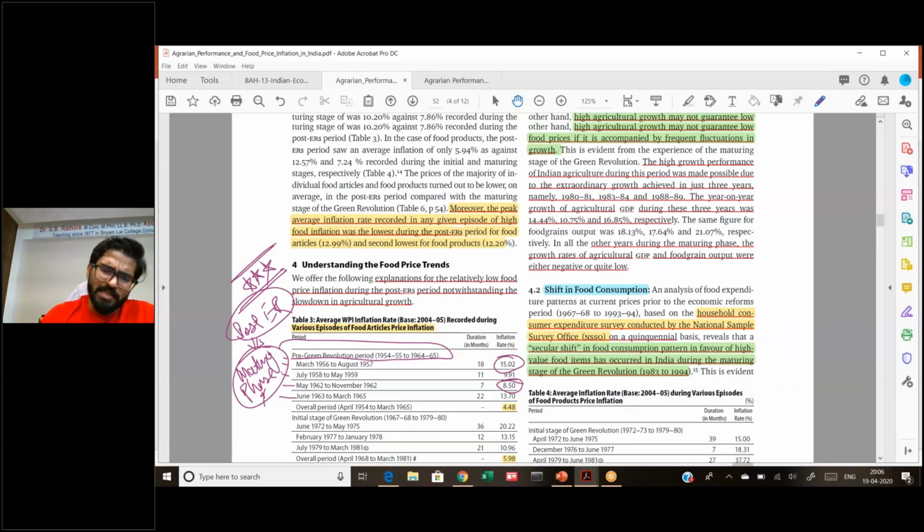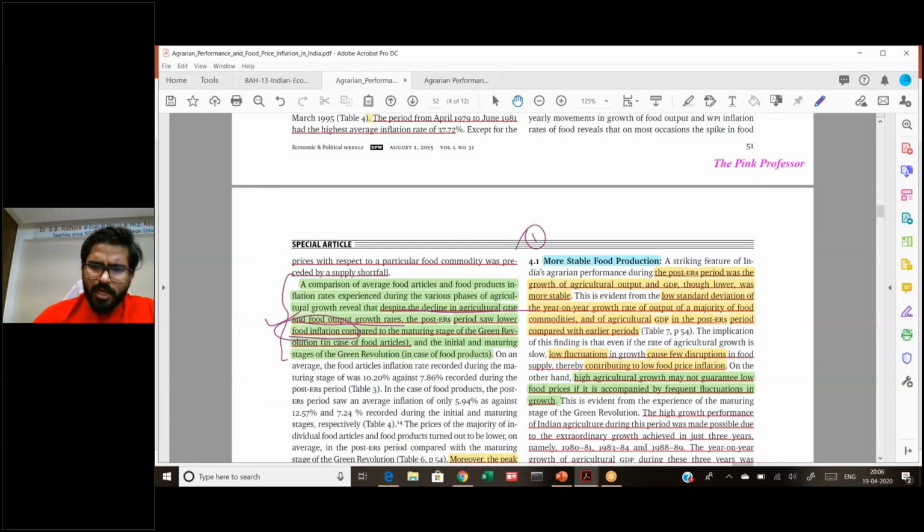The first reason is that while the overall food output in the post economic reforms era was less, the production was very consistent. What do we mean by consistent? There were fewer troughs and peaks.